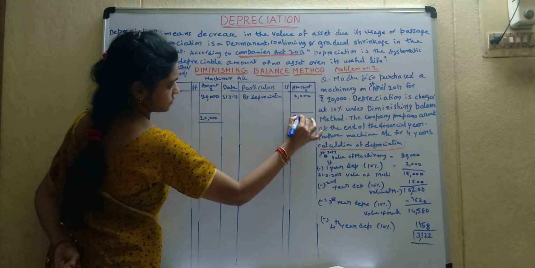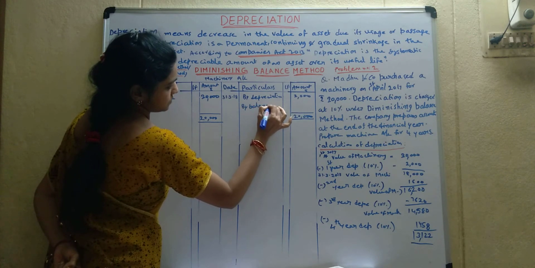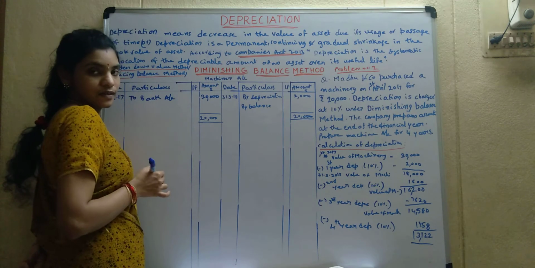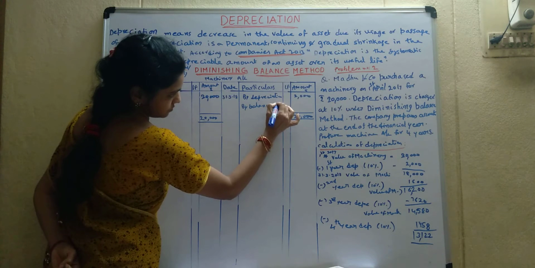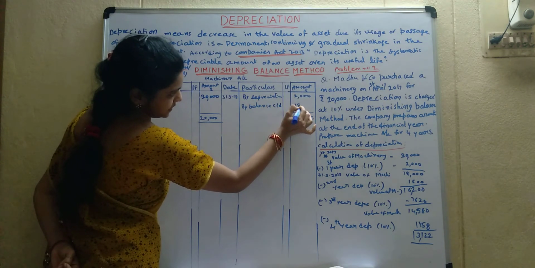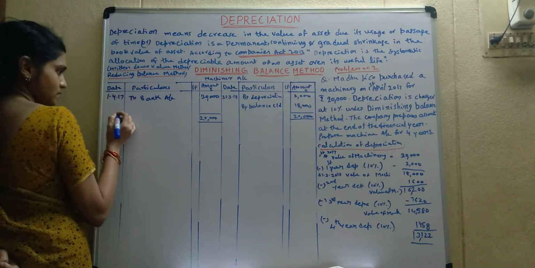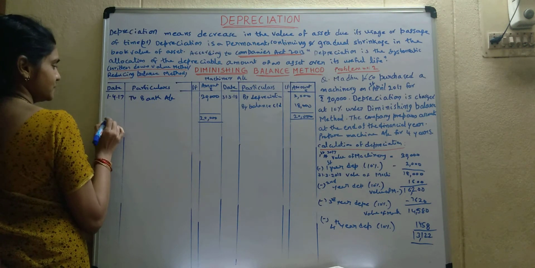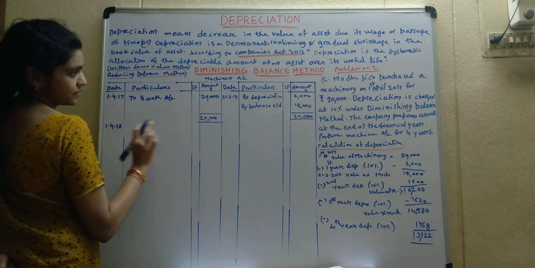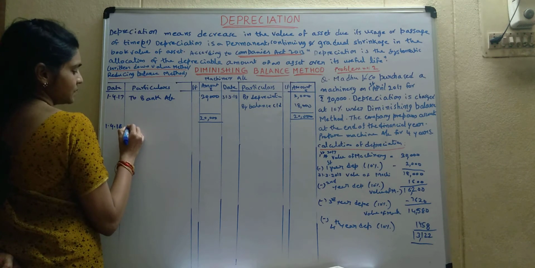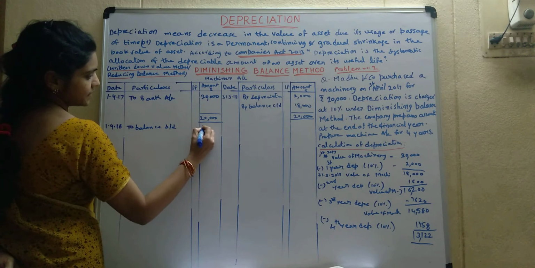By balance carried down 18,000. And the balance is brought down here on 1/4/18, to balance brought down 18,000.